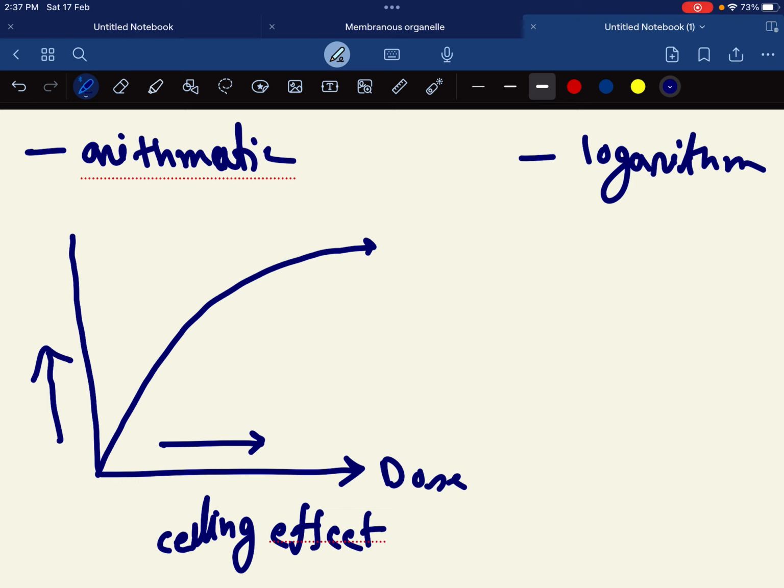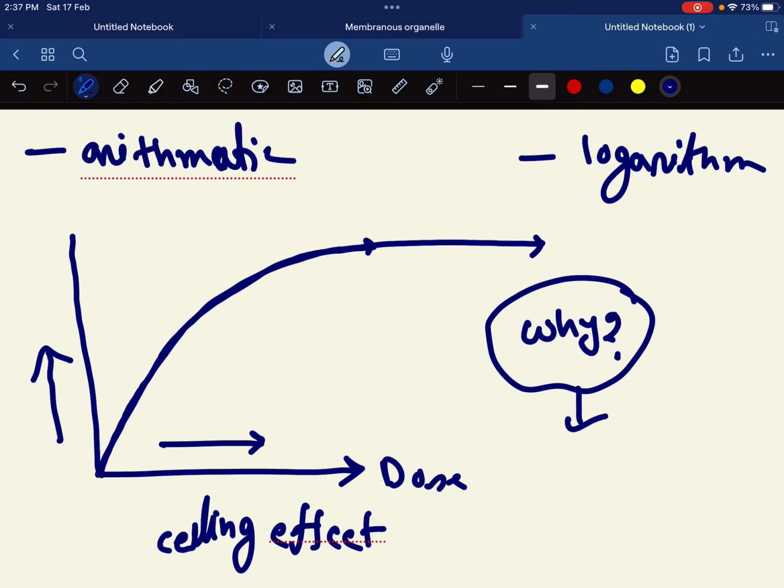But how long, that is the question. At one time it will be seen that although you are increasing the dose, the response is becoming very flat, that is the response is not being changed. Why? Because most of the drugs actually work by binding with receptors.